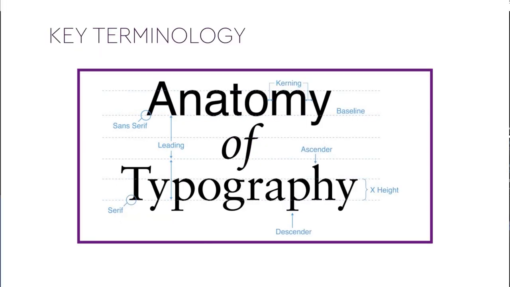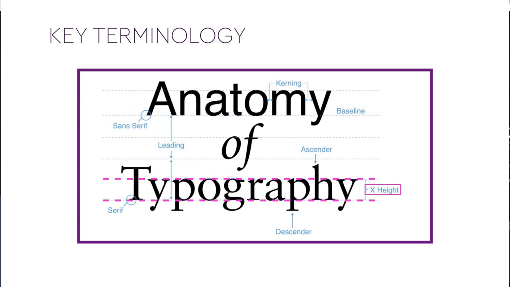Then the next thing we need to learn is the baseline. The baseline is the line upon which most letters sit. An ascender is a vertical stroke that extends upward over the X height. Now, that brings us to the X height.